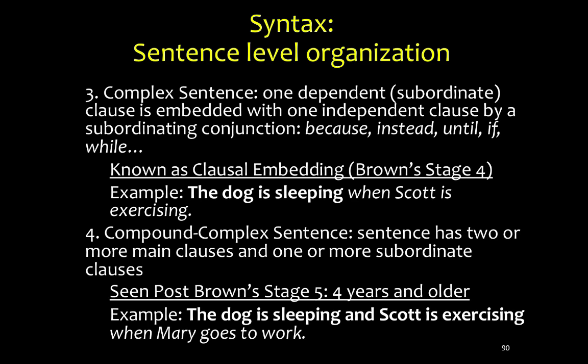When Mary goes to work is a dependent subordinate clause, cannot stand by itself, that is embedded with the compound sentence, the dog is sleeping and Scott is exercising. So this sentence structure, you can see it's pretty complicated. It's long, and it is seen during post-Brown stage 5, which we'll be talking about in the near future, when the child is about 4 years of age and older.